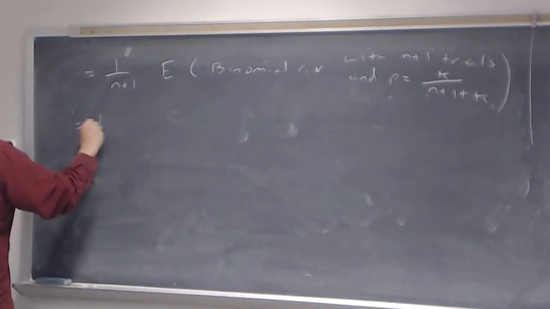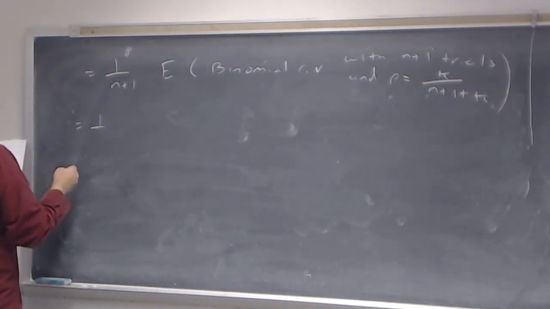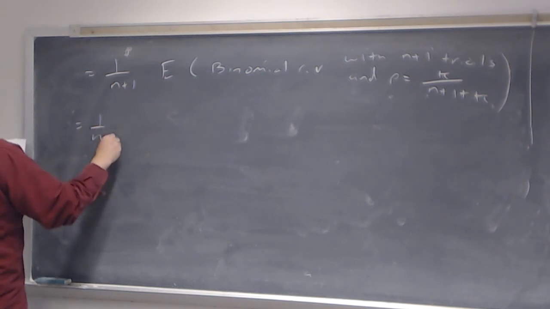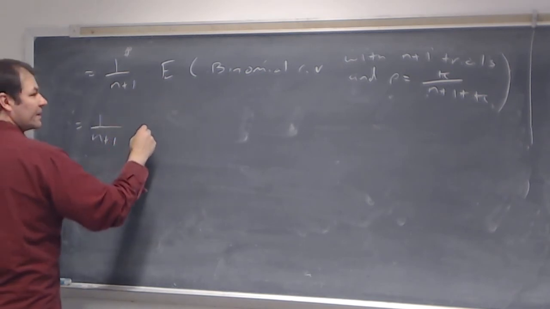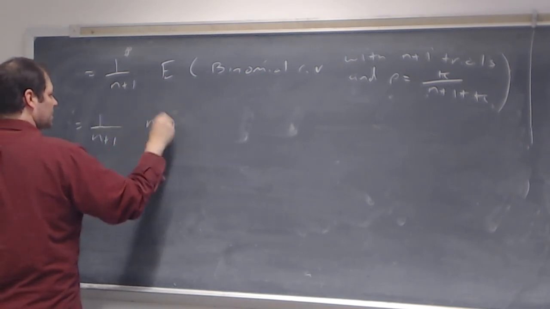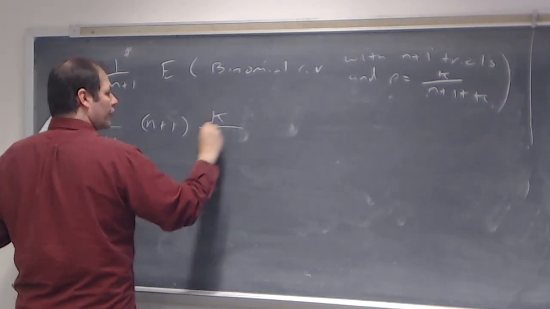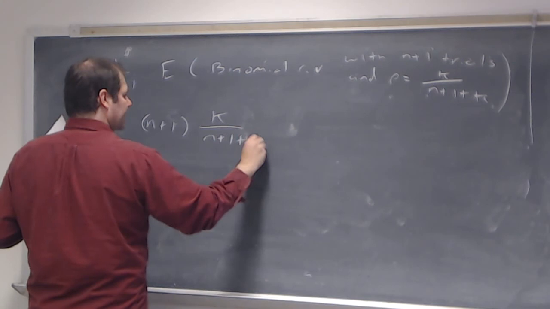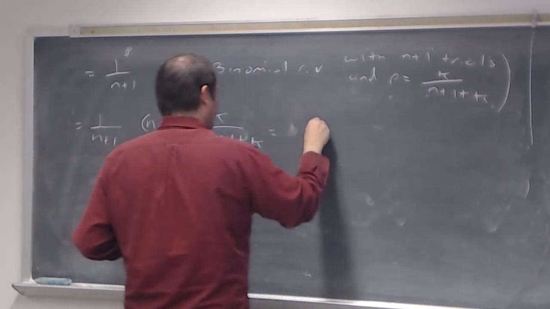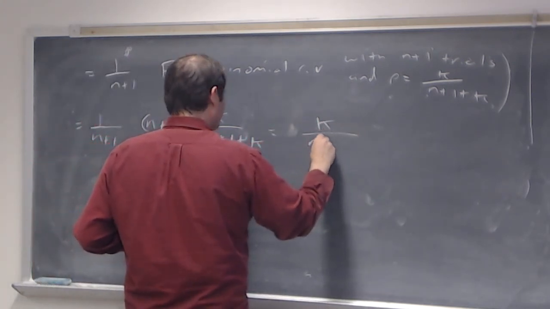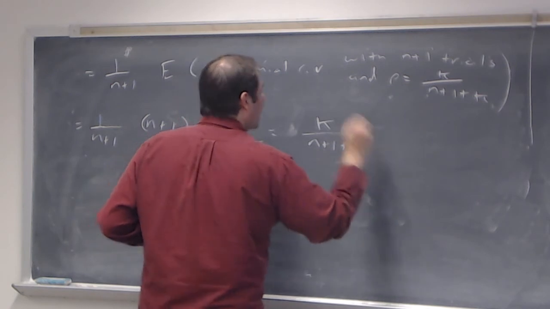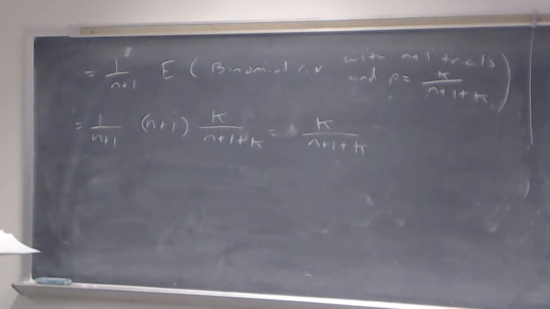So that's equal to 1 over n plus 1. Remember, we multiply by the number of trials, which is n plus 1, and times the chance of success, which is k over n plus 1 plus k, which is equal to k over n plus 1 plus k. And that's what we're supposed to get for the probability of connectedness in the n plus 1 case, r equals n plus 1.